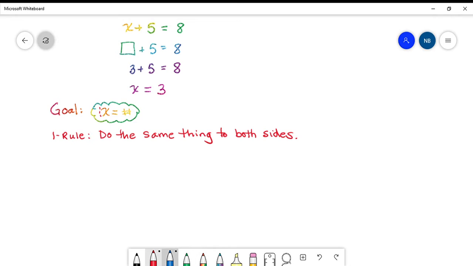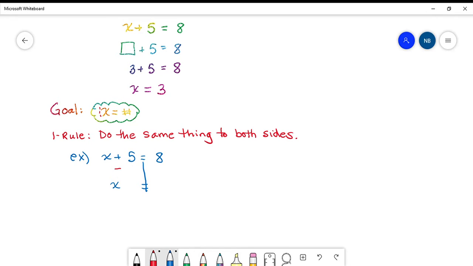So let's look again at our first example, x plus 5 equals 8. The first thing I'm going to do is separate the two sides of the equation by drawing a line at the equal sign. Now our goal, remember, is to have x equal to a number, which means the 5 has got to go. What can we do to make the 5 go away?